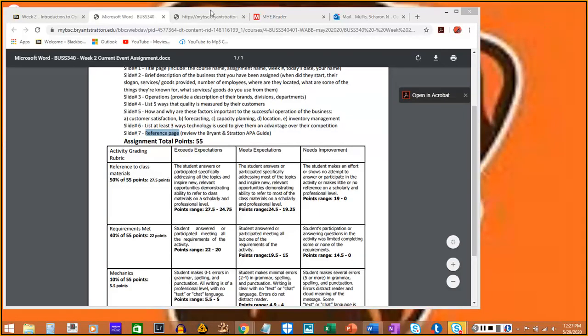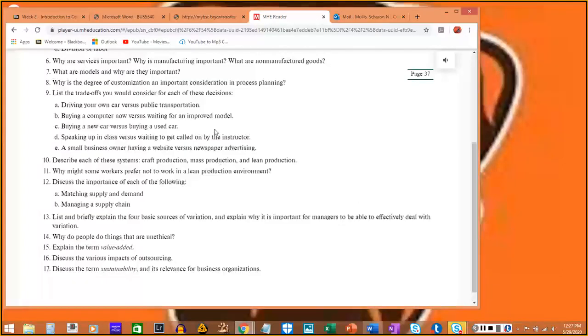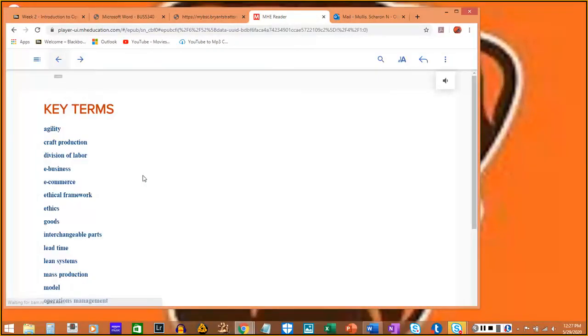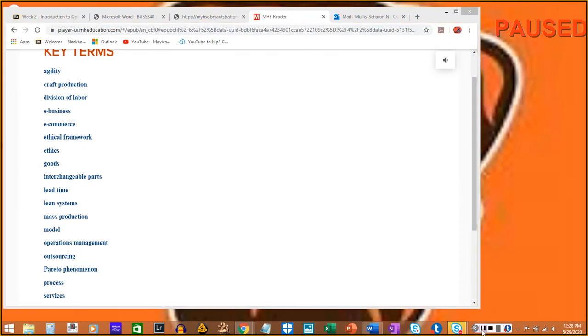All right, the things that are going to be on the quiz, the key terms that will be on there. Is everyone ready to write this down? All right, here's a list.